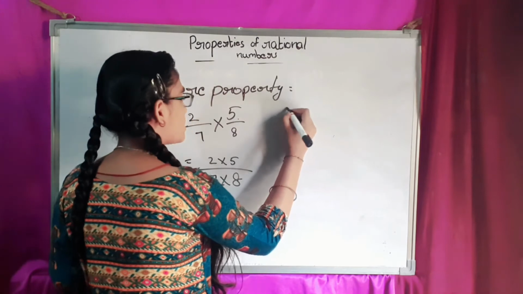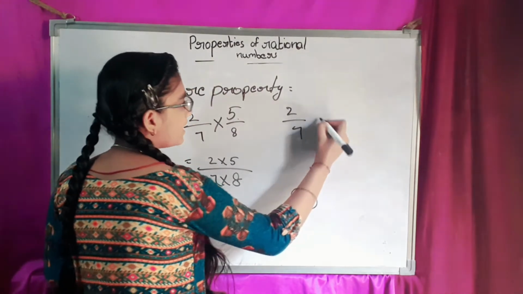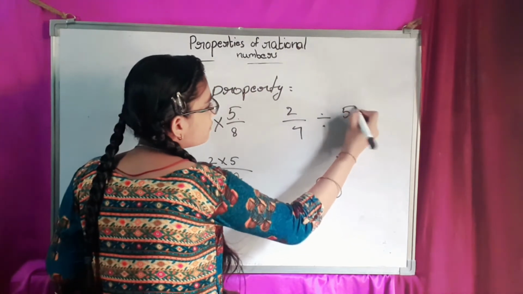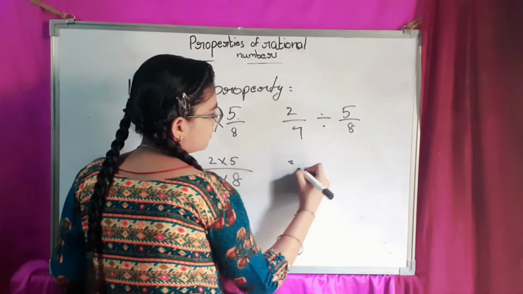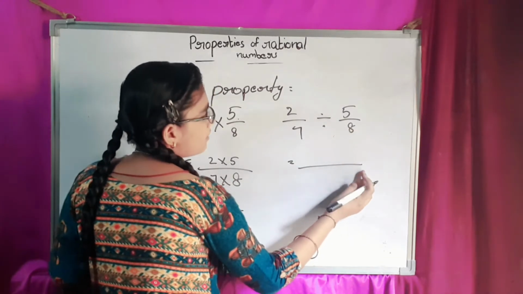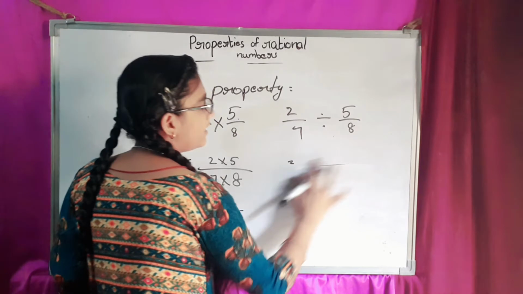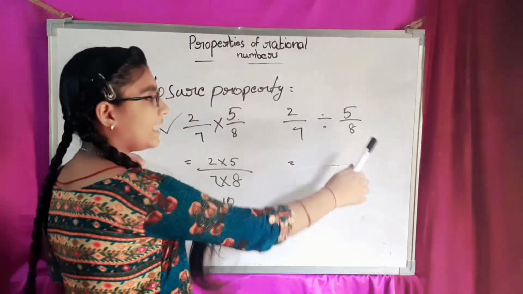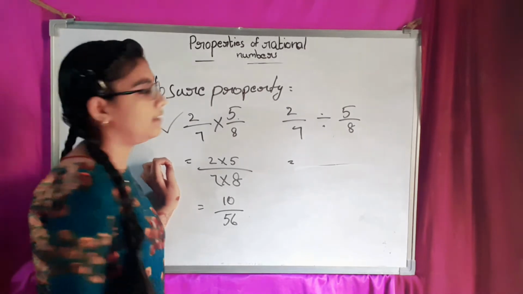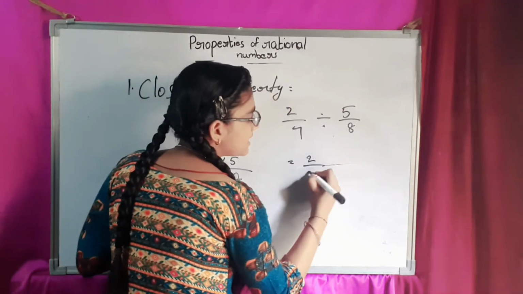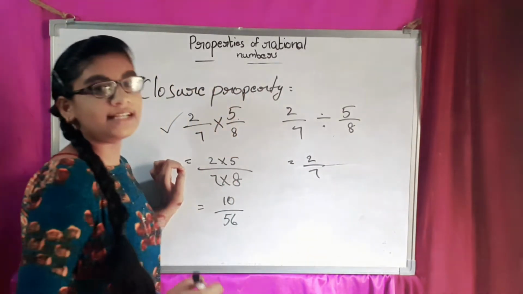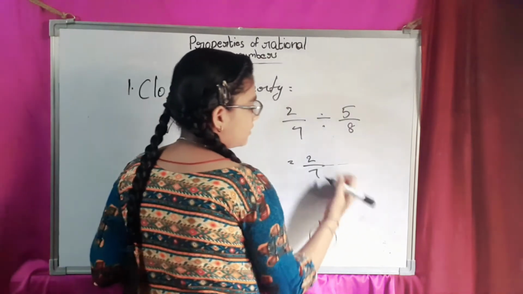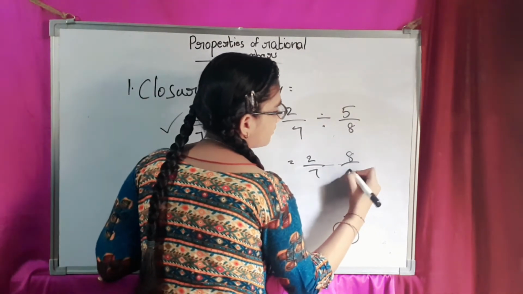Now we will do division: 2 by 7 divided by 5 by 8. In division, the second number should be made reciprocal. Reciprocal means reverse order, so 5 by 8 becomes 8 by 5.